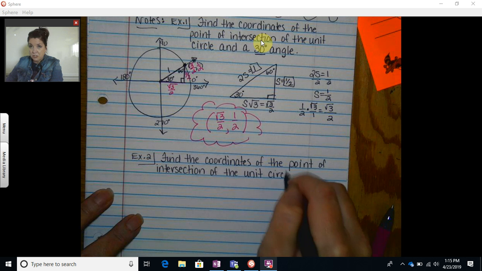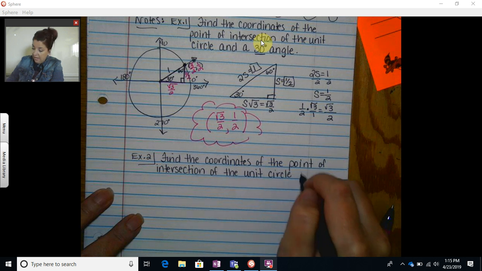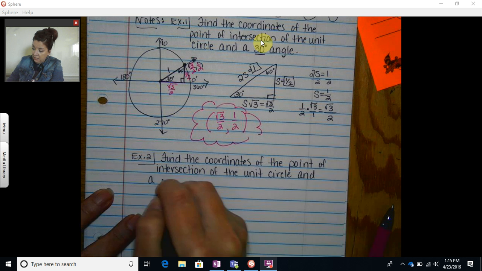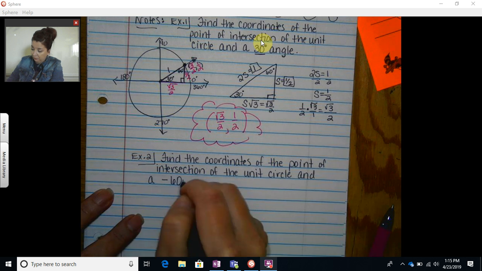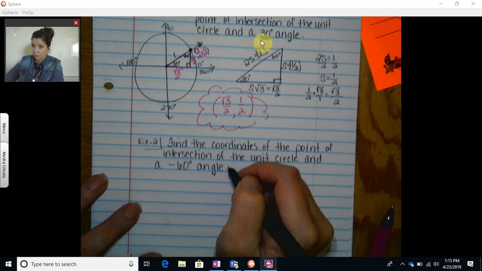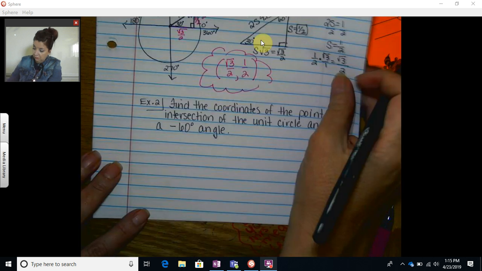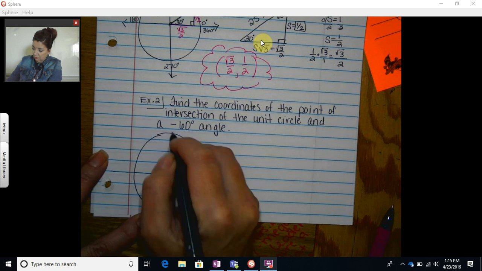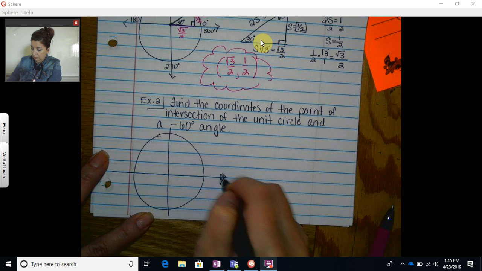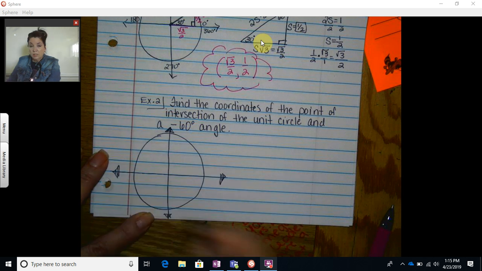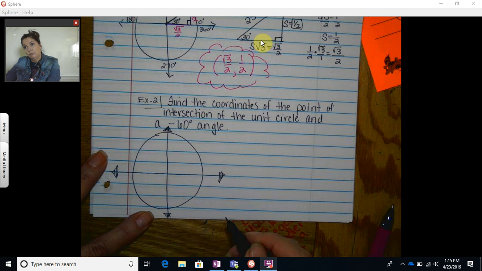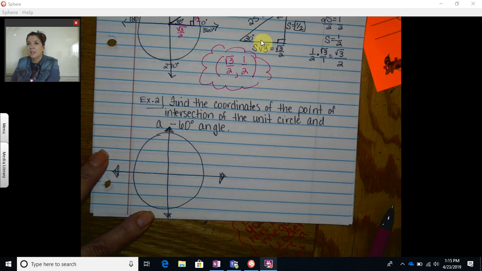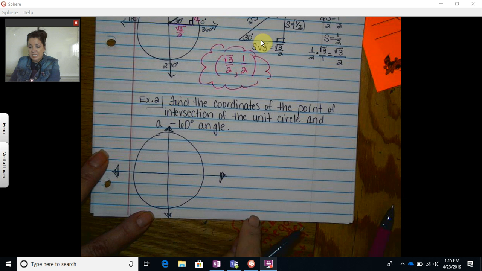Of the unit circle and a negative 60-degree angle. So this is a negative 60-degree angle.